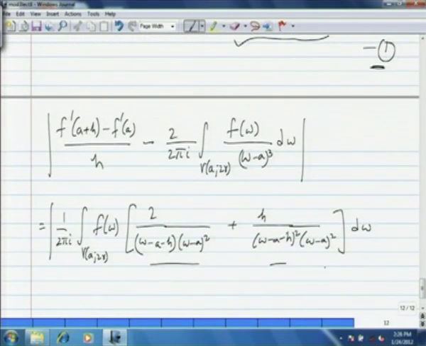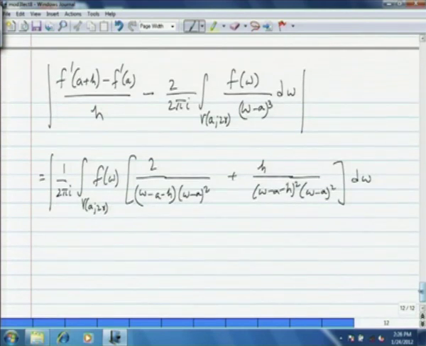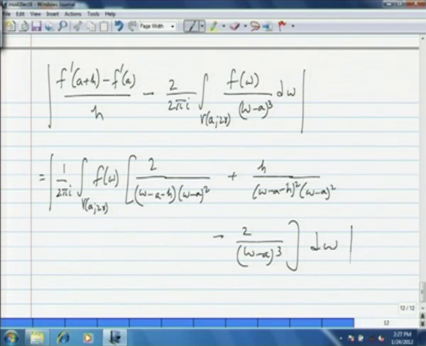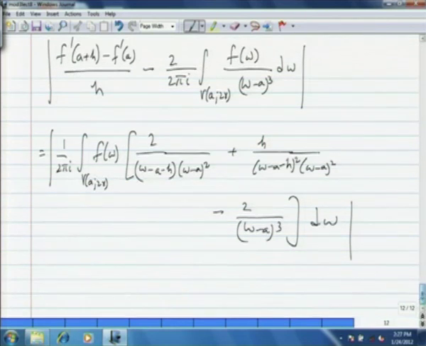So, I have this expression and then you subtract 2 by (w minus a) cube and then times it by dw. So, all this is the integrand. I am splitting it into two lines for lack of space, but that is your expression.